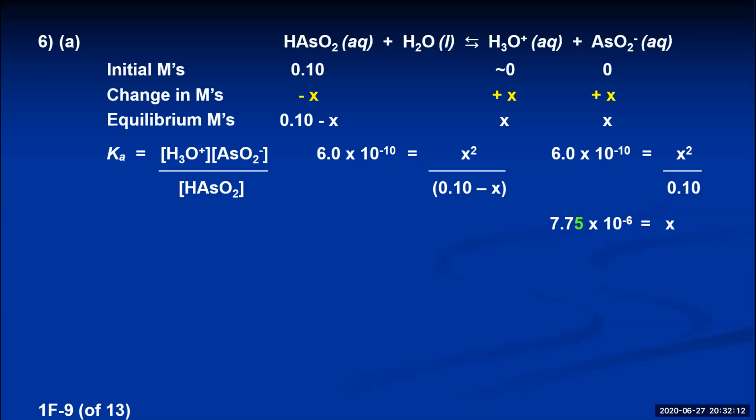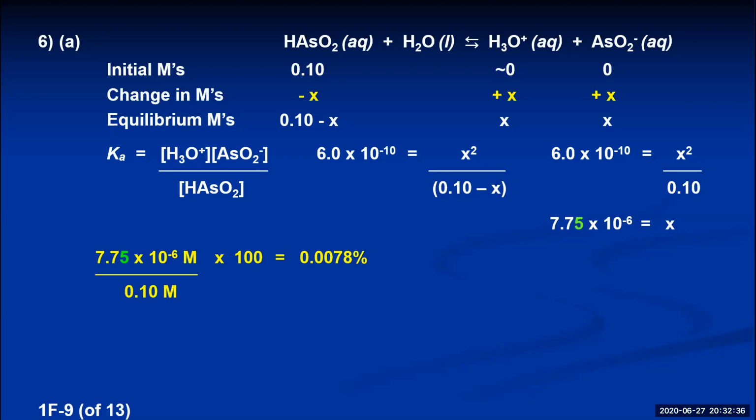And if you want to verify that that was a good assumption, that the x will be close to 0, we're going to take x and divide it by 0.10 and multiply it by 100 to see if that's less than 5%. So my x value divided by the original concentration of the arsenious acid times 100 equals 0.0078%. So that means this was a really good assumption.